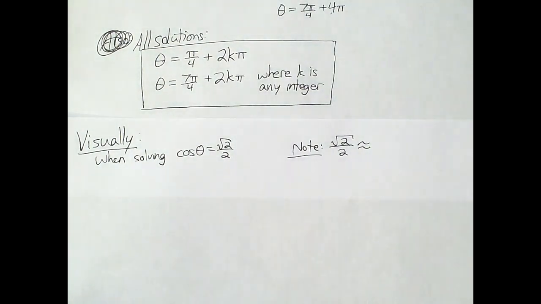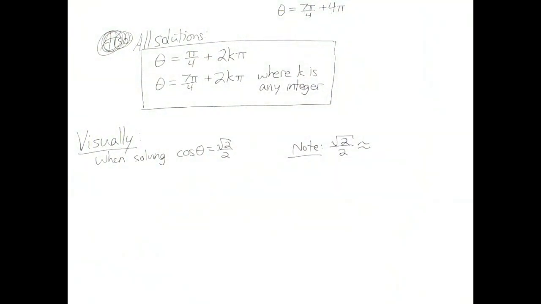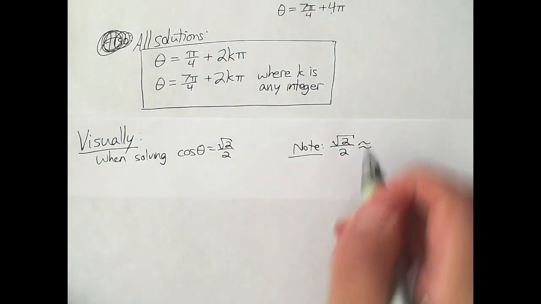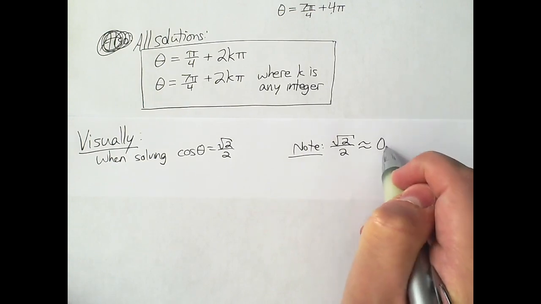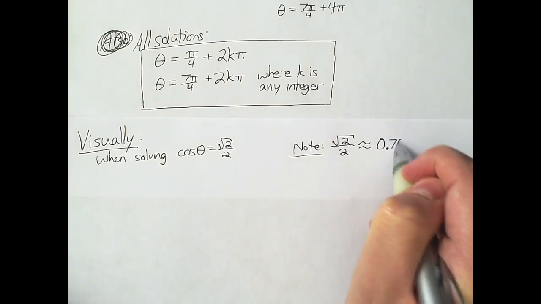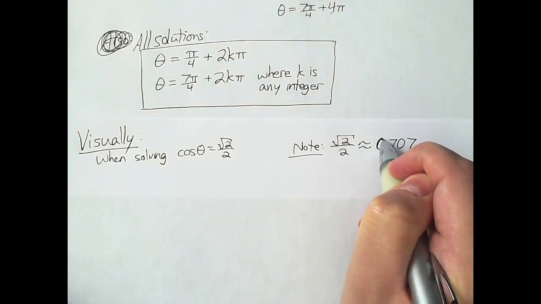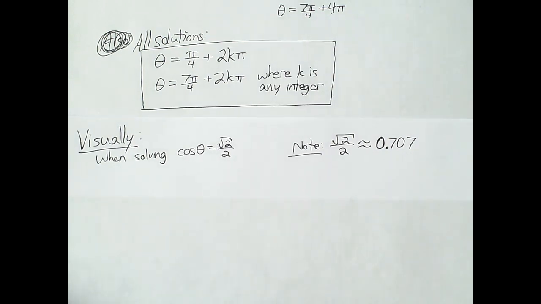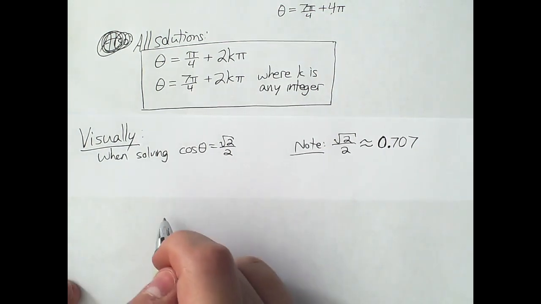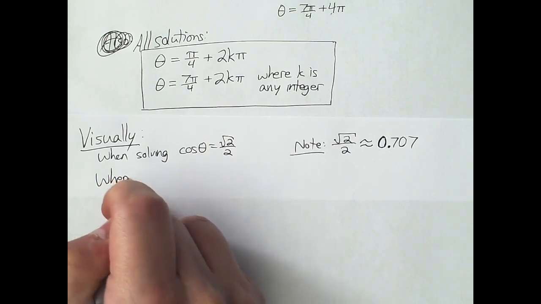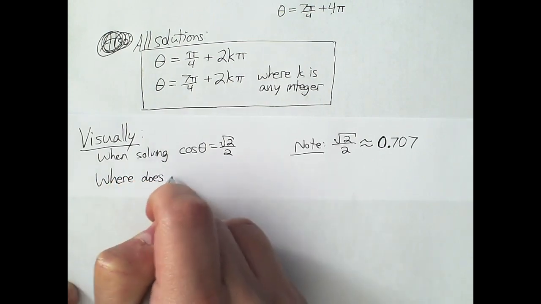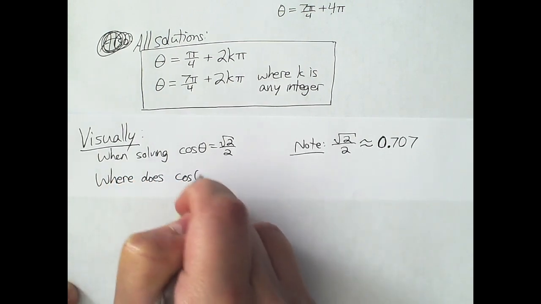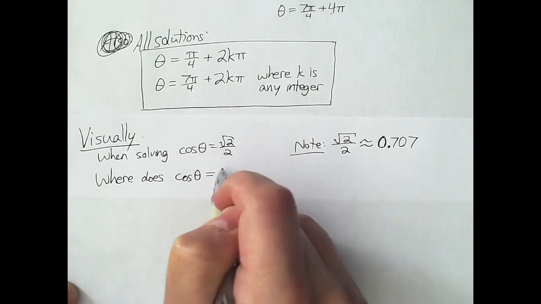So if I divide it in half, then it should be around 0.7. It's actually around 0.707. All right, so I wrote a few extra digits there. When solving this, where does cosine of theta equal 0.707?